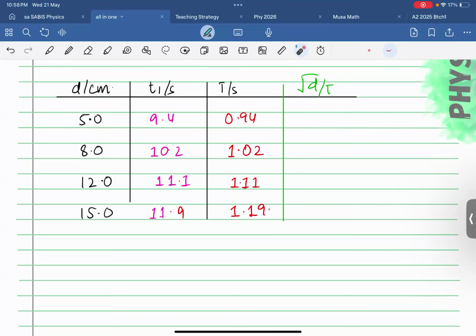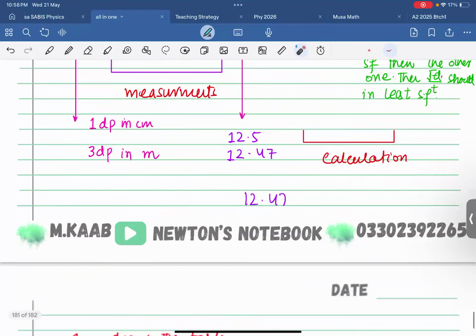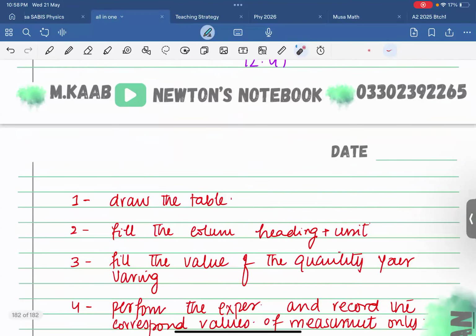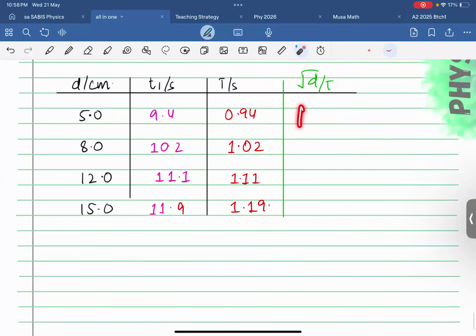So this value and this value both are in 2 SF, right? The rule was very simple: if you have two quantities in the same significant figures, then this quantity will also be in the same significant figures. Let me just do it for you.